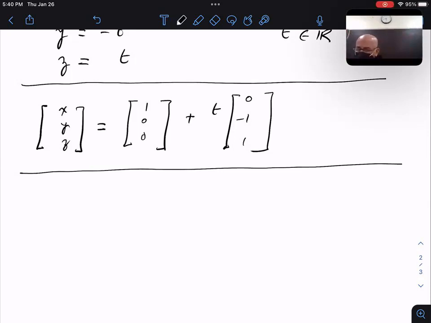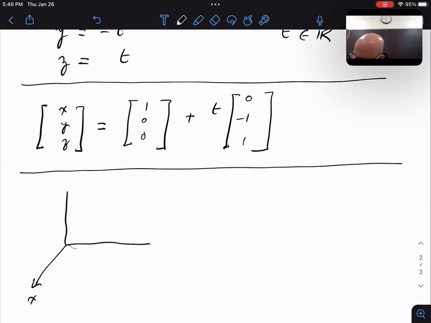So this is three-dimensional space, which I will draw: x-axis, y-axis, z-axis, and there's a line sitting in it somewhere. Okay, that line we want to imagine as a map of the primordial idea of a line, which is the real number.